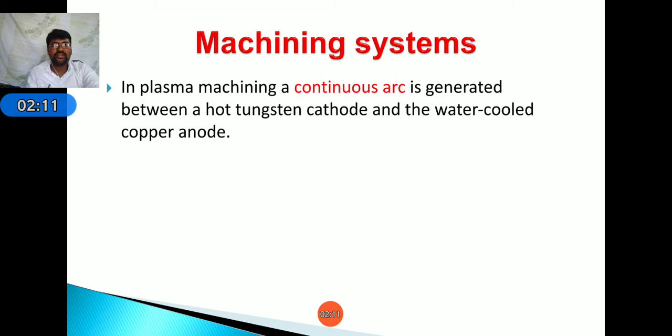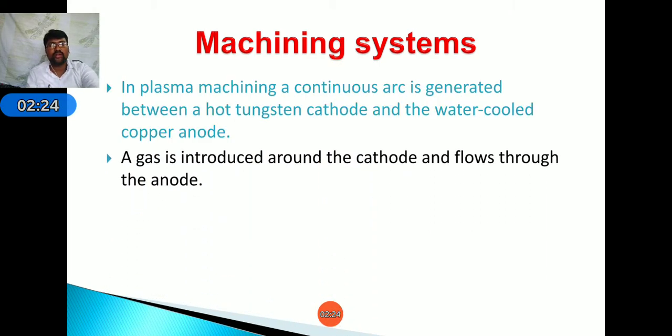Next, machining systems. In plasma machining, a continuous arc is generated between the hot tungsten electrode and the workpiece, and also the copper nozzle. There are two types, transferred type and non-transferred type.